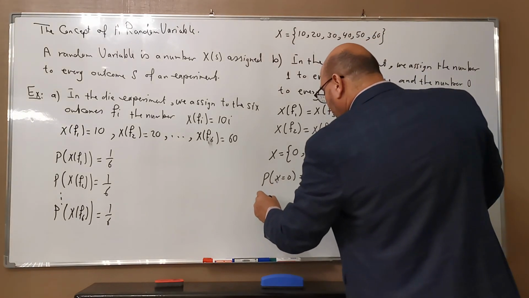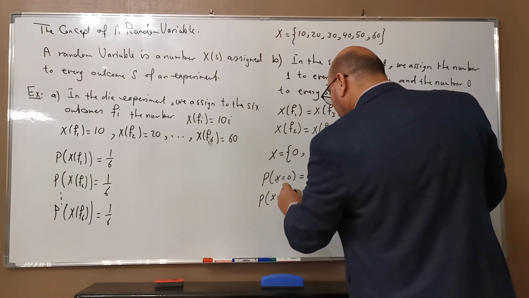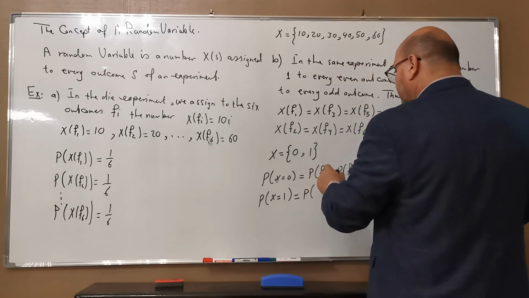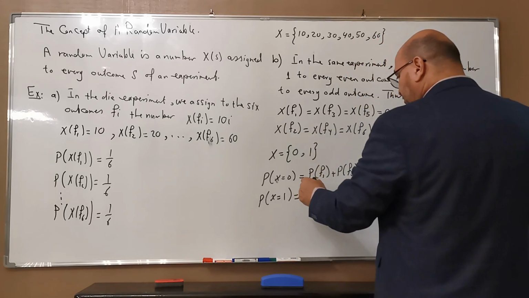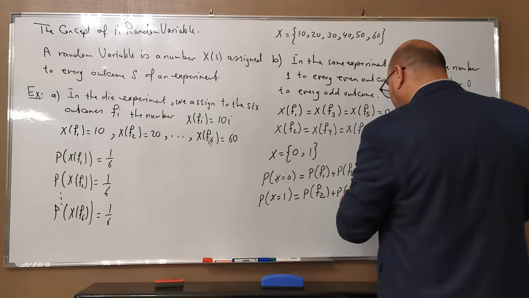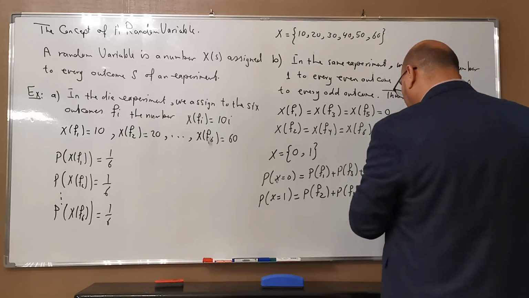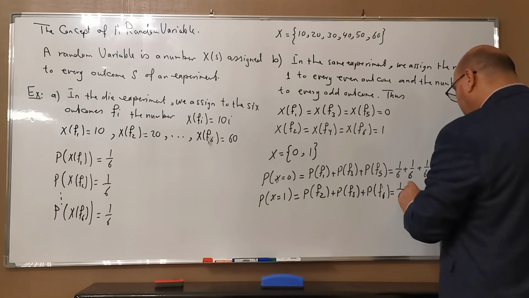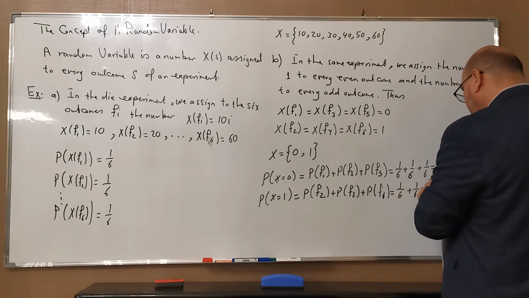And the probability of 1 is equal to the probability of F2 plus the probability of F4 plus the probability of F6, and this is 1/6 plus 1/6 plus 1/6, which is 3/6.